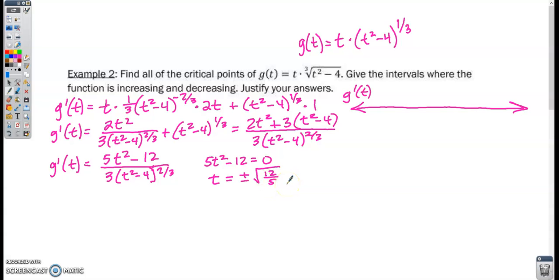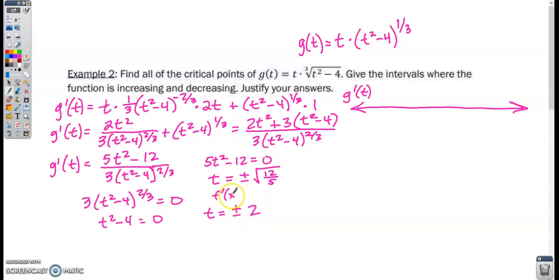I don't need to convert it to a decimal, I'm just going to leave it as such. That's where the derivative is equal to 0. And for the denominator, that's going to tell me where the derivative is undefined. And that happens when t squared minus 4 is equal to 0. And so we get that t is equal to plus or minus 2.